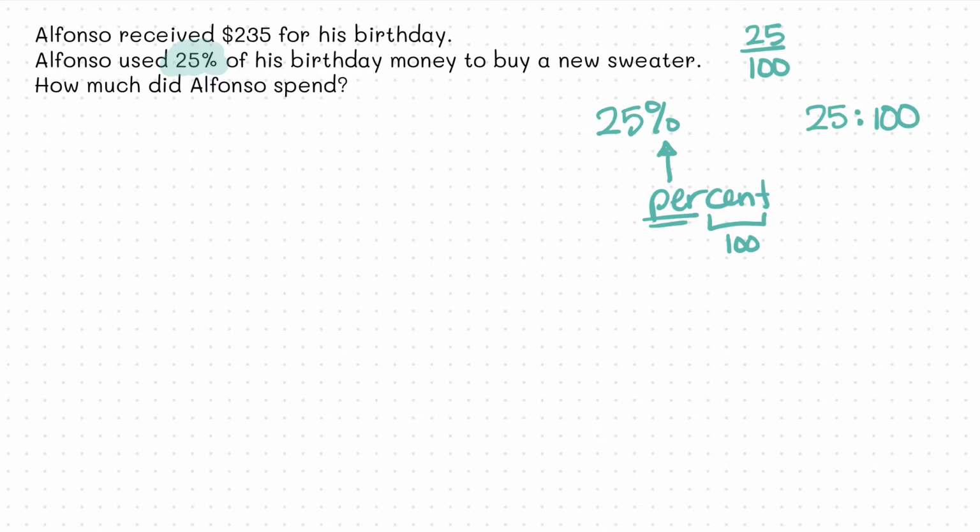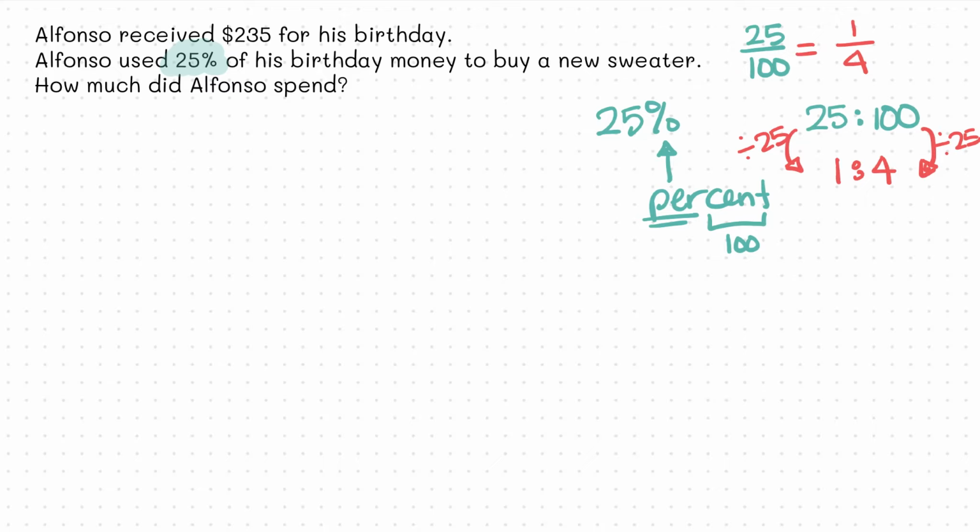So if we wanted to simplify this ratio, what can we divide both sides of this ratio by? Well, we can actually divide both sides by 25. So 25 divided by 25 is 1, and 100 divided by 25 is 4. So the percentage of 25% is the same as the ratio of 1 to 4. Or if we think about it as a fraction, it's also equal to 1 over 4.